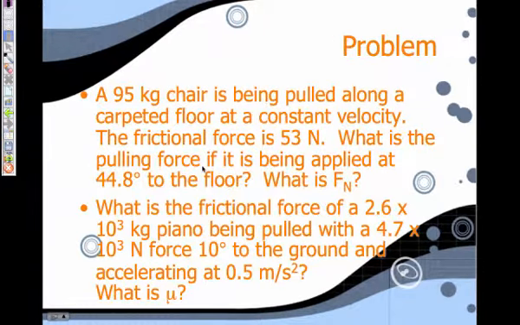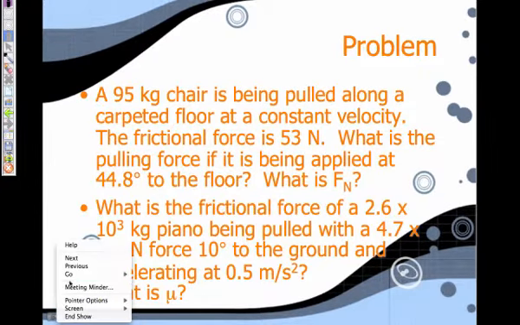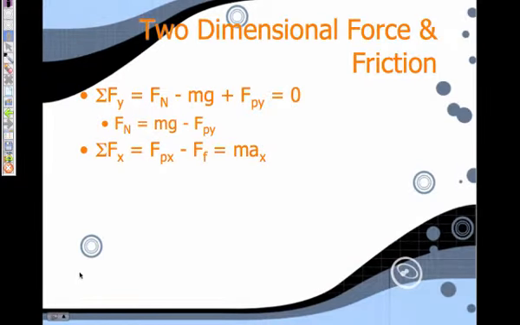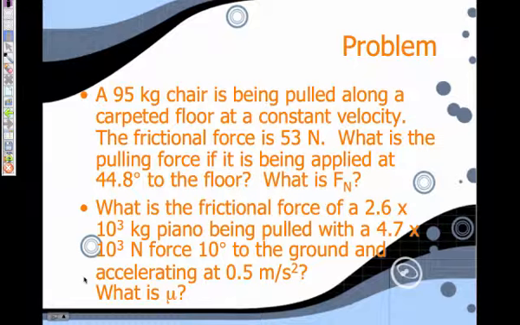So let's do at least one of these. Oh, let me go back. So a 95 kilogram chair is being pulled along a carpeted floor at a constant velocity.